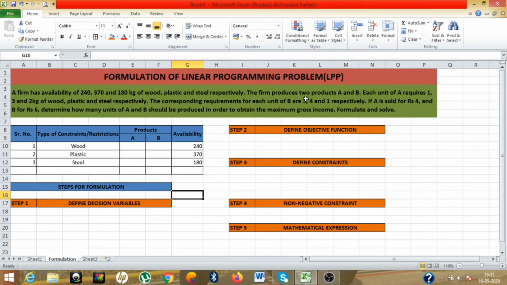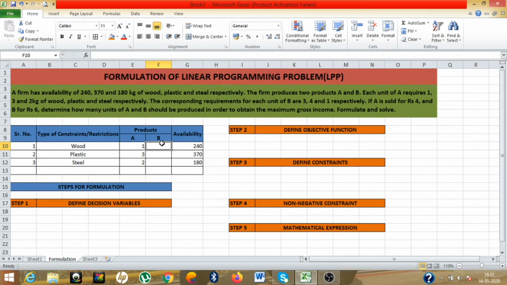The firm produces two products A and B. Each unit of A requires 1 kg of wood, then 3 kg of plastic and 2 kg of steel. Then the corresponding requirements for each unit of B are 3, 4, 1.